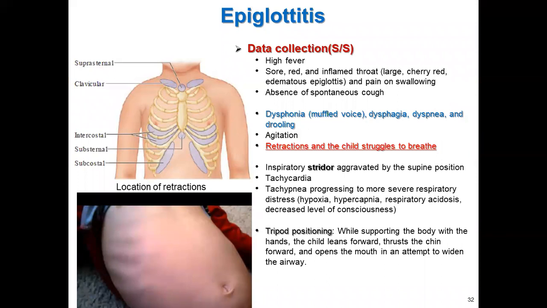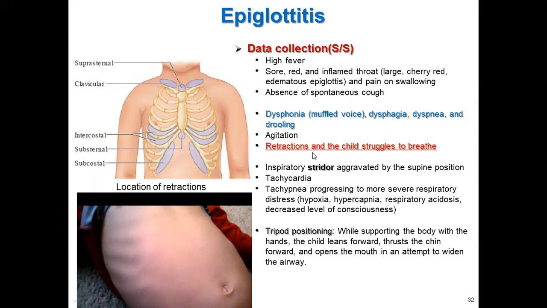So here, this is an easy way to remember: dysphonia, dysphagia, dyspnea, and drooling. Saliva comes out, shortness of breath, or dysphagia, or muffled voice, we call dysphonia.